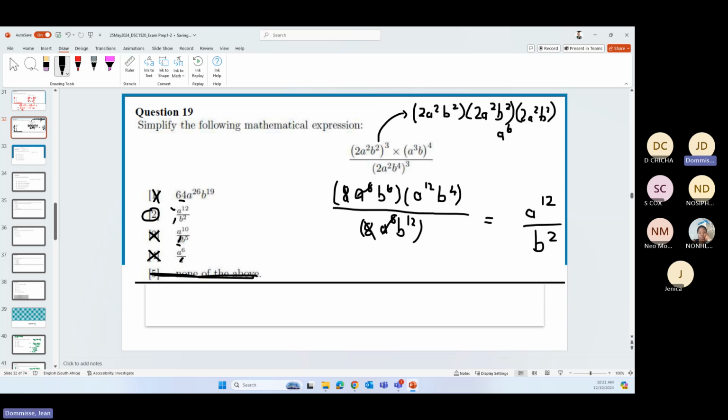And that is also what we have there. So a12 over b2. But what was interesting with this one, when I already eliminated the 8s, that was the only one that I was left with, because it wasn't 64, it wasn't 4, and it wasn't 4. So in actual fact it was done.